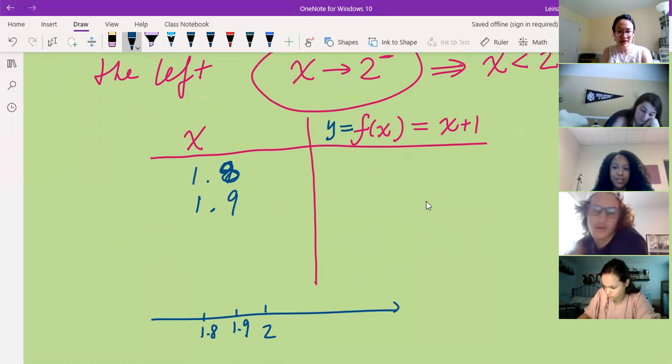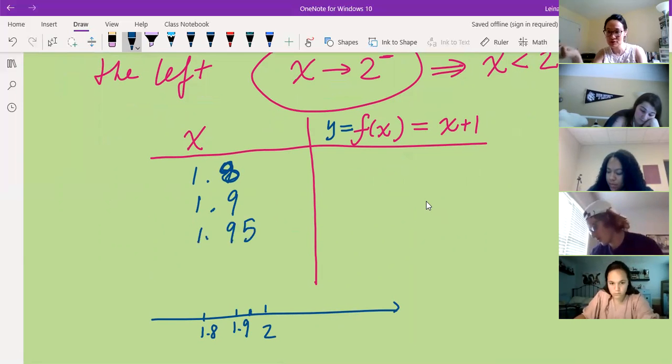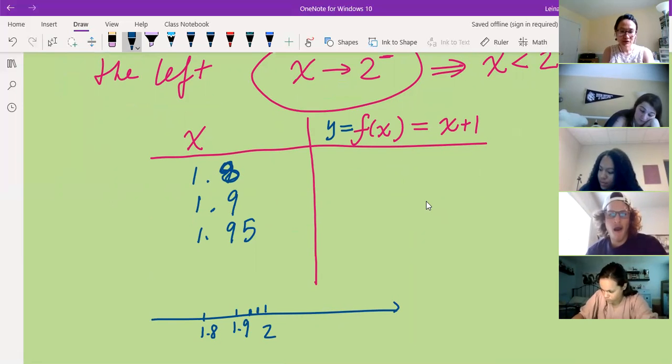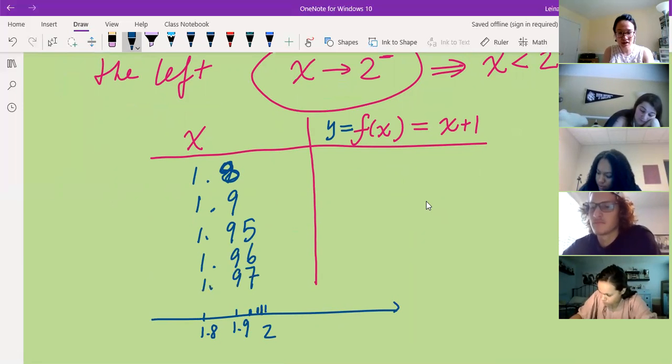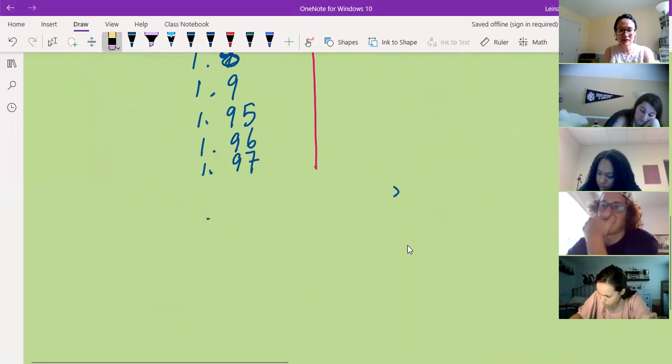We can have x even getting closer to 2. You can say 1.95, that's even closer to 2. Can I let it move even closer? Of course we can. We can do 1.96, and even closer to 2, 1.97. And I can keep increasing the value of x as it approaches 2.